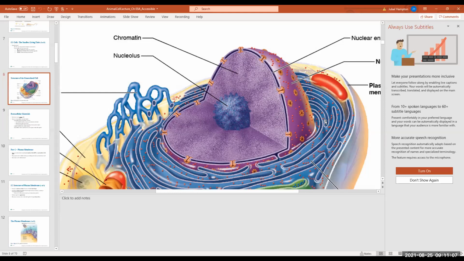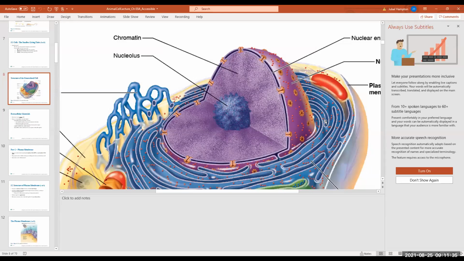The smooth, SER acronym, processes lipids and carbohydrates. You need to know that function. Smooth endoplasmic reticulum is membranous, and we say it is smooth because it does not have ribosomes. There are no ribosomes associated with smooth ER.